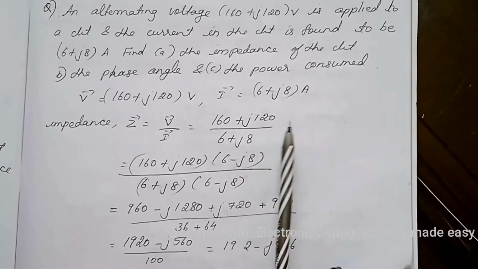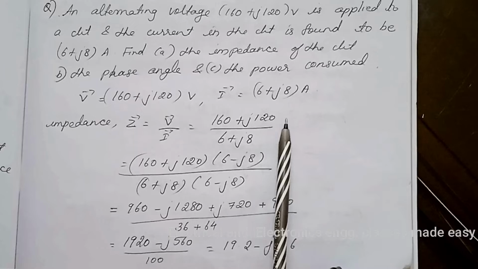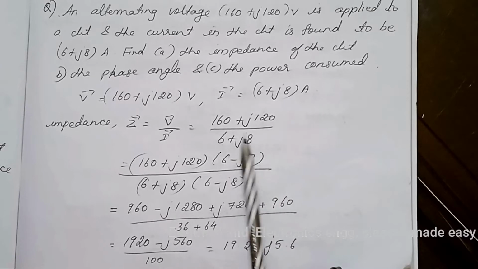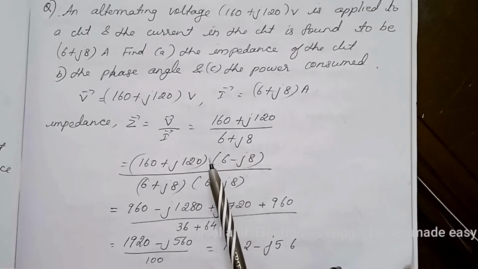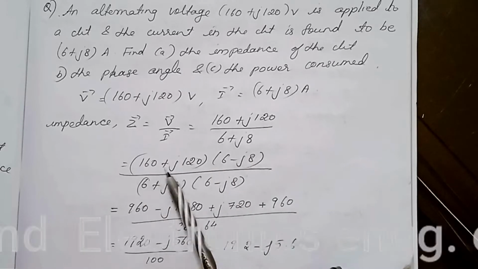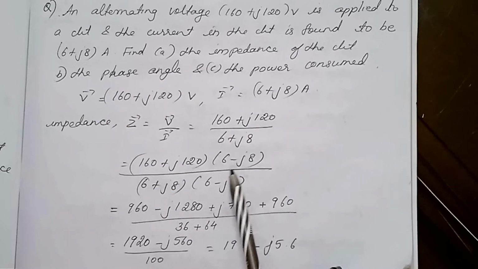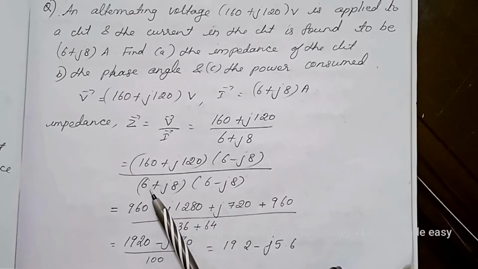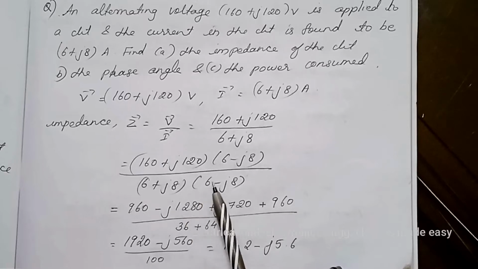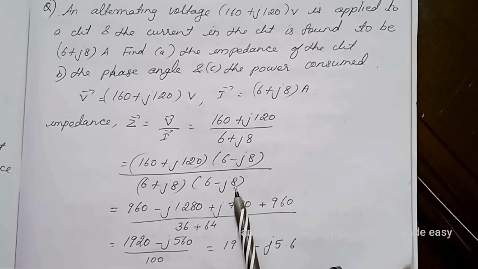Here multiply the denominator and numerator with the conjugate of the denominator. That is (160 plus j120) into (6 minus j8) divided by (6 plus j8) into (6 minus j8).